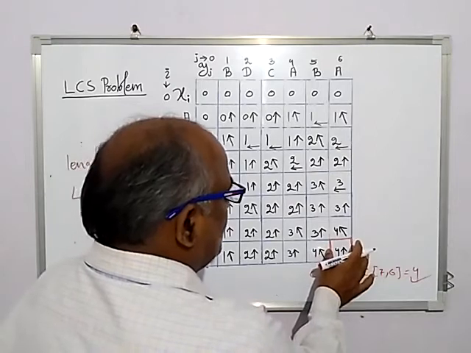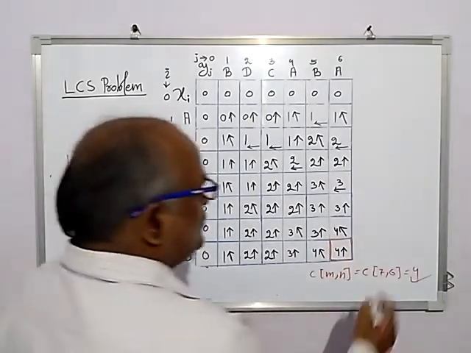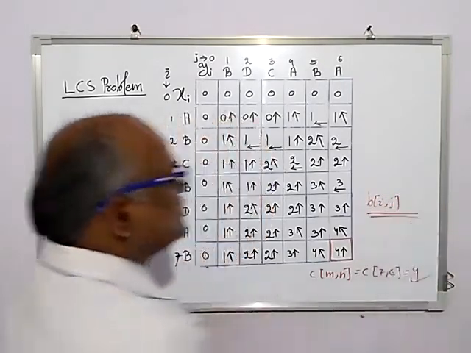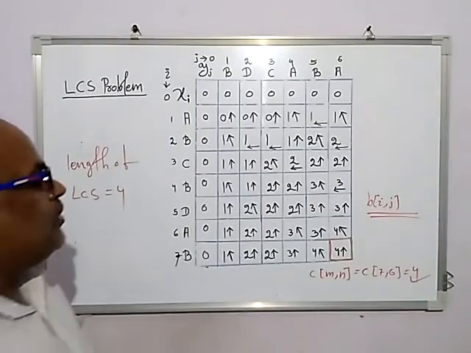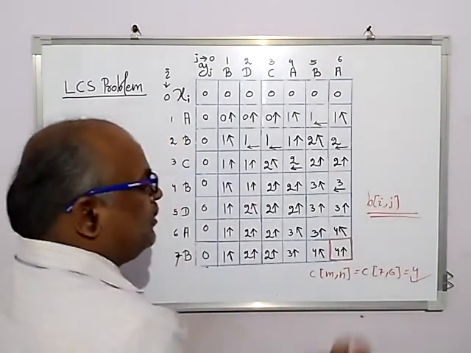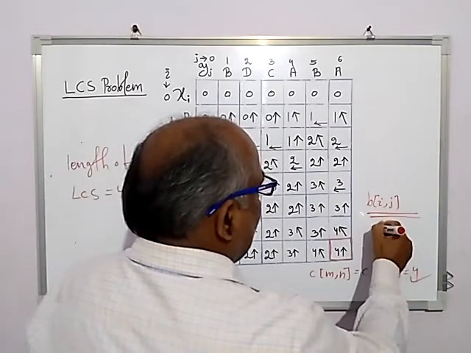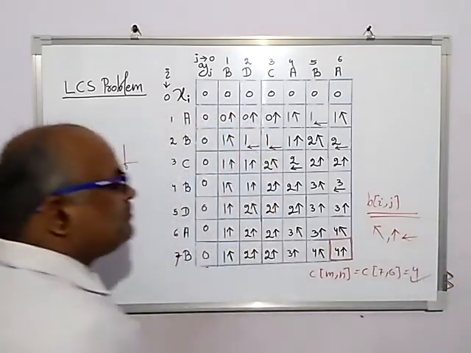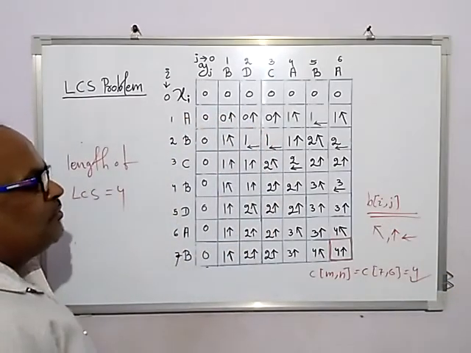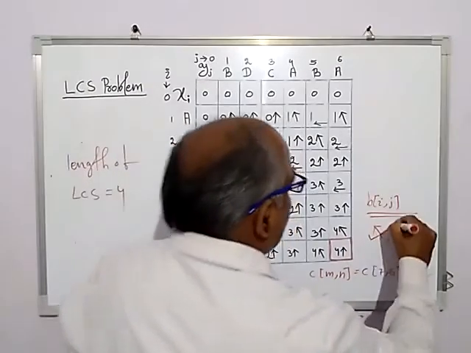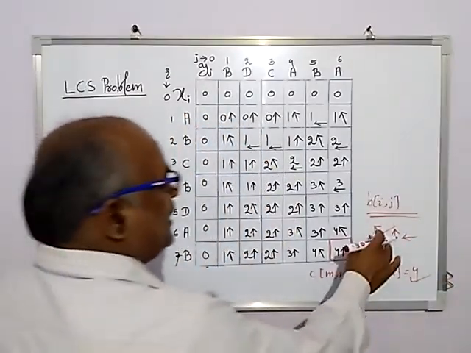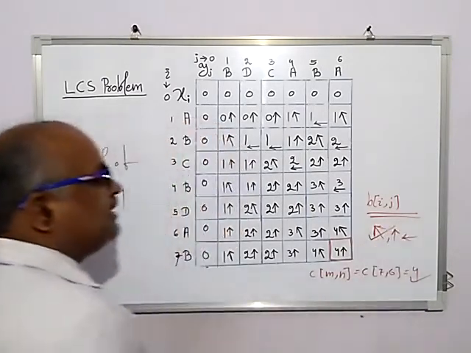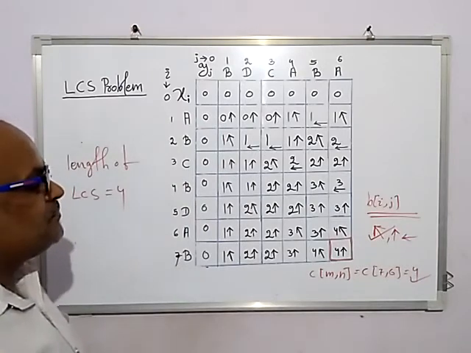That means you consider this box, and now you follow the arrows of B of i j. That means you see the B table. The B table stores slanting arrows, up arrows and left arrows.